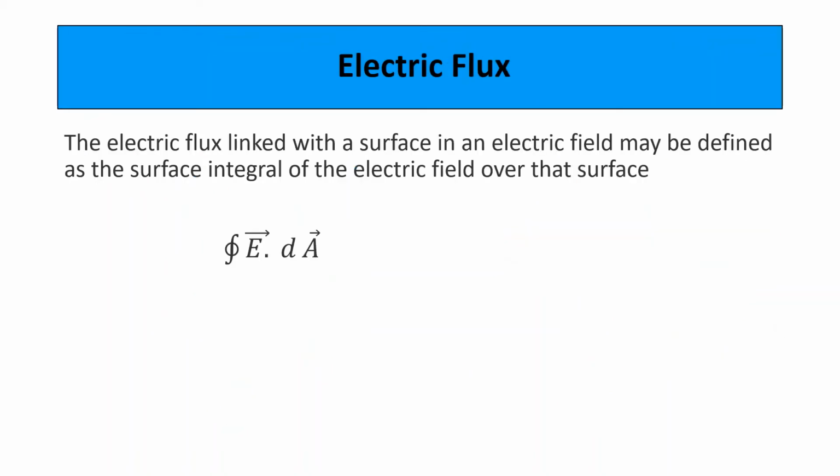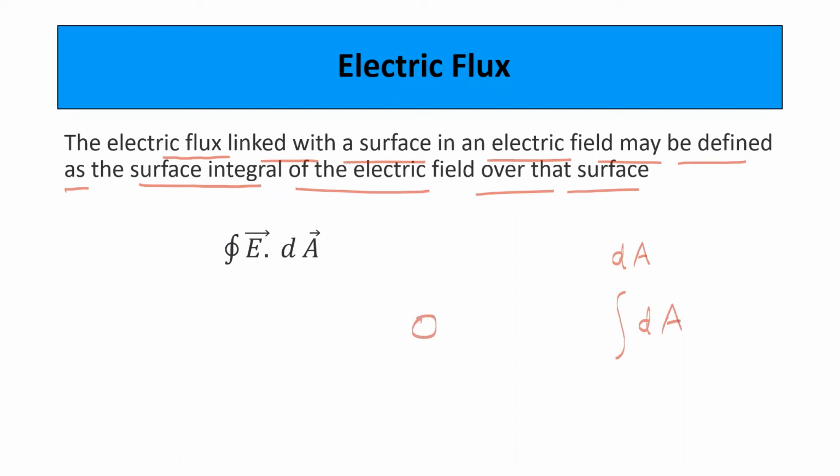The electric flux linked with a surface in an electric field may be defined as the surface integral of the electric field over that surface. In curved surfaces, or if the field is not uniform, we took a small element dA, isn't it? Then we need to integrate that element. This sign indicates closed integral because the surface is closed.